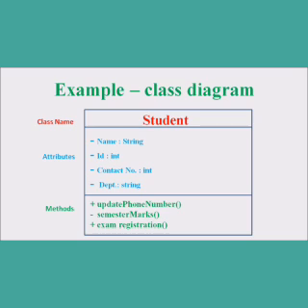But in the case of methods, we can see three different methods. The first method is updatePhoneNumber(), the second one is semesterMarks(), and the third one is examRegistration(). These three methods have two types of access specifiers. The plus sign represents the public access specifier, that is, updatePhoneNumber() as well as the examRegistration() method are public methods.